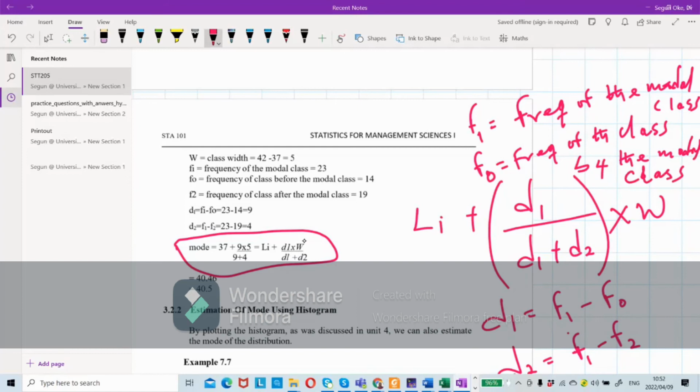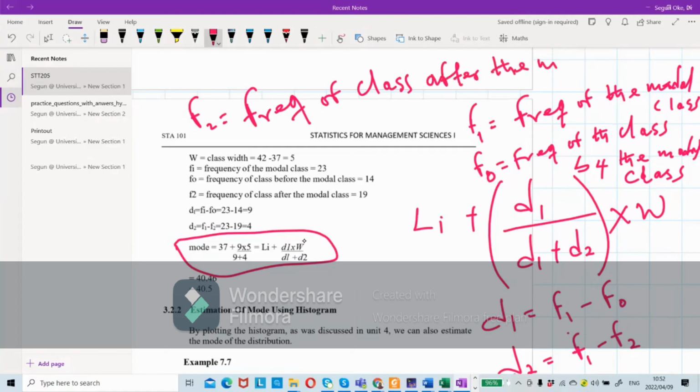Then F2, our F2 is the same thing as the frequency of the class after the modal class.